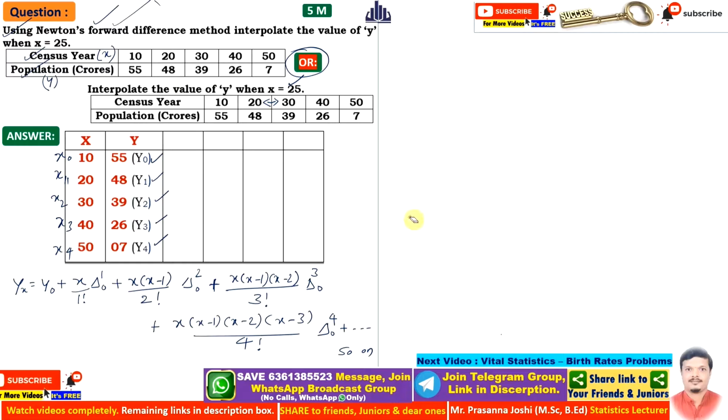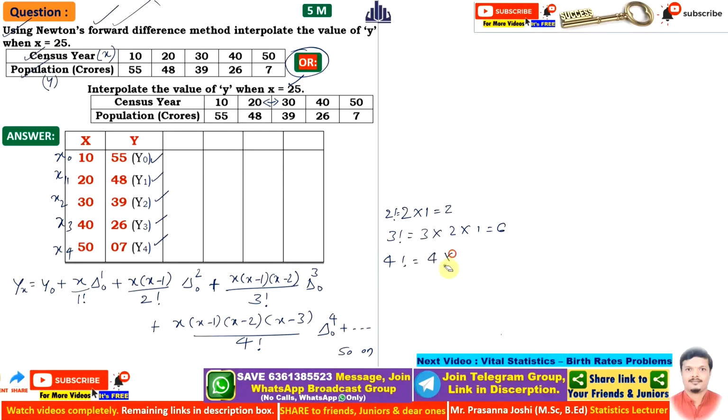How to calculate factorials? You may already know. 2 factorial is 2 multiplied by 1, that is 2. 3 factorial is 3 multiplied by 2 multiplied by 1, that is 6. 4 factorial is 4 multiplied by 3 multiplied by 2 multiplied by 1, that is 24.